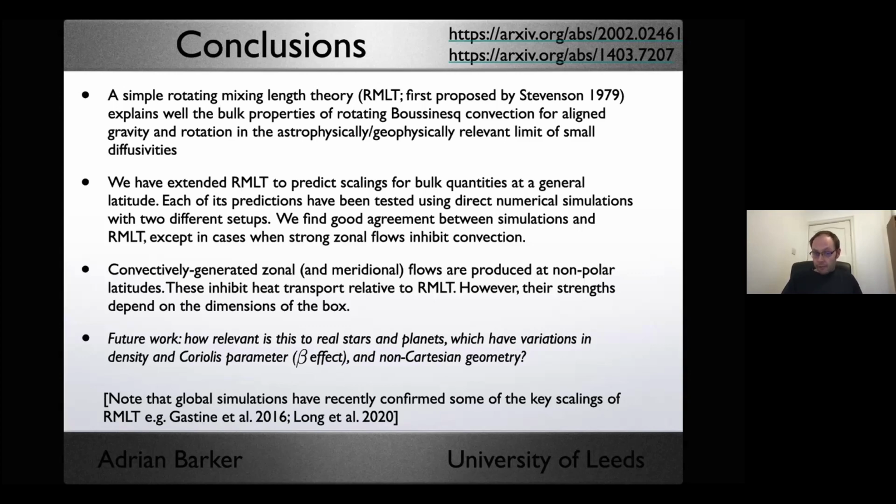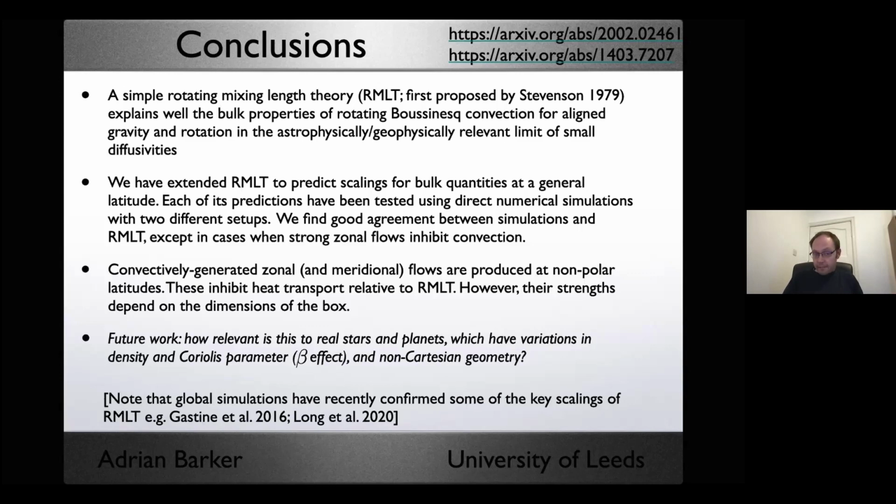So future work should look at developing a theory that can describe the generation of these zonal flows and their effects on the convection. But I'm not certain whether a Cartesian model is the best way to do this, because these flows are strongly affected by the box size. So really, I think we need to turn more to global simulations to look at this, although it is possible to analyze the interaction in local simulations that are sufficiently targeted as well.